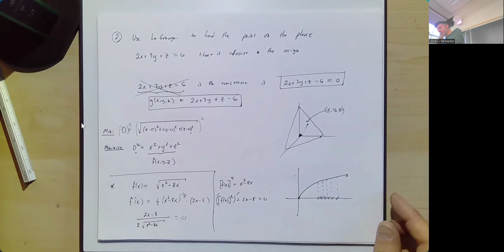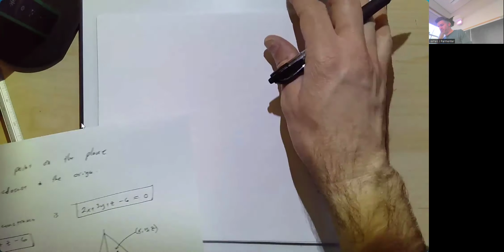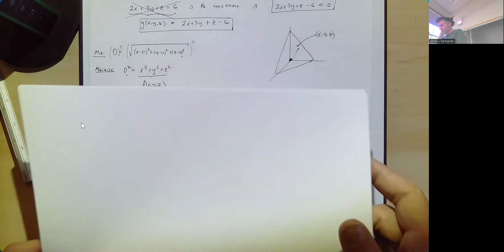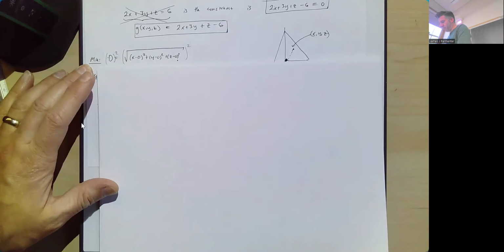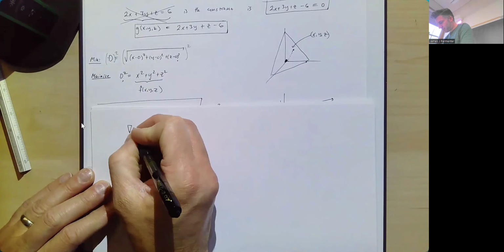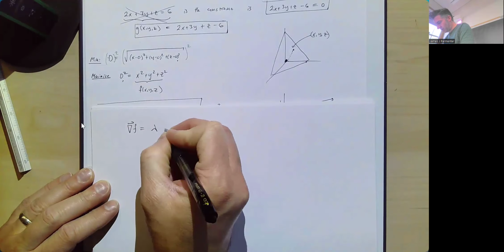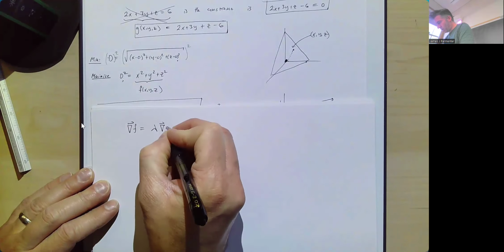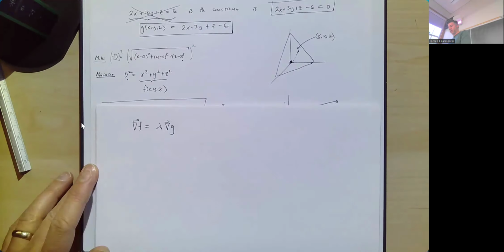Okay, but now back to Lagrange here. For the Lagrange, we're setting the gradient of f equal to lambda times the gradient of g. And I would just get used to writing it as all the partials.